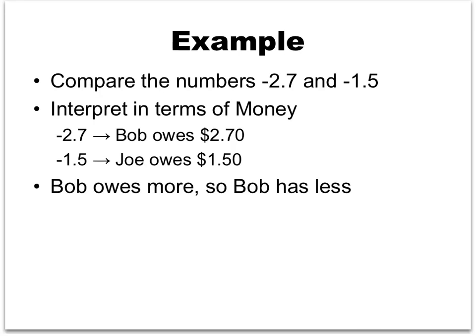So the thing to observe here is that Bob owes more money than Joe does. That means Bob has less money. So that means that negative 2.7 is going to be less than negative 1.5. So there we further justified this conclusion.